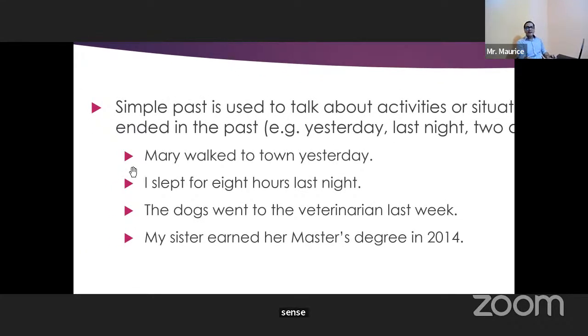Sentence number 1, 2, 3, or 4? Which one has regular verbs?